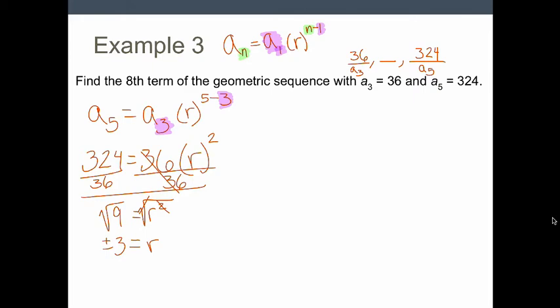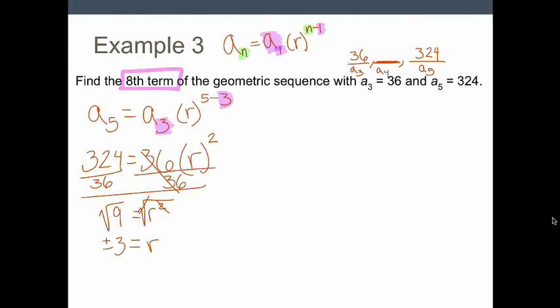So what we don't know is if this middle term, if the even terms, a sub 4 or any of the even term numbers are positive or negative. We're not given that information. So we have two potential answers when we go through this process of now finding the eighth term, because we don't know if these even term locations are positive or negative numbers.